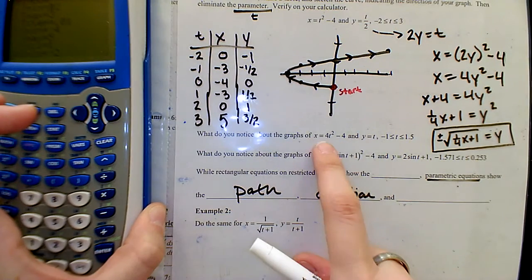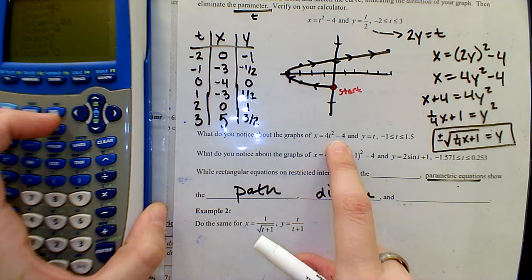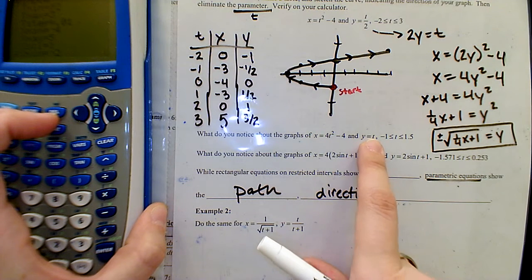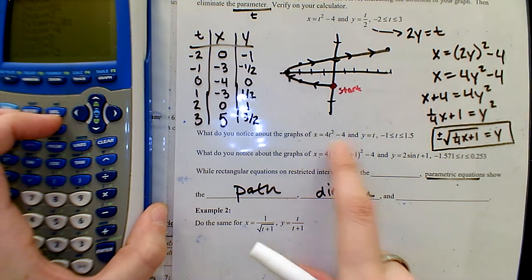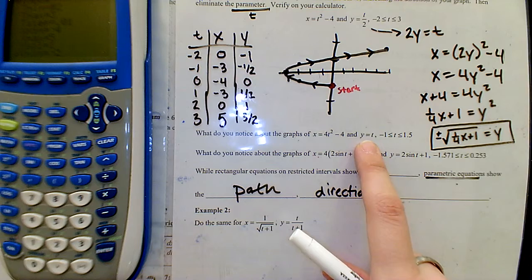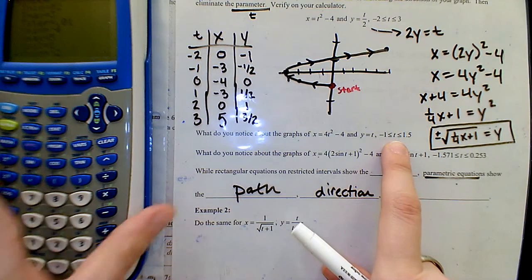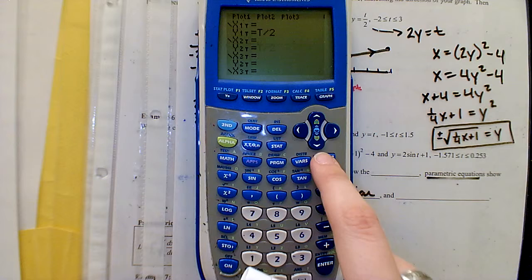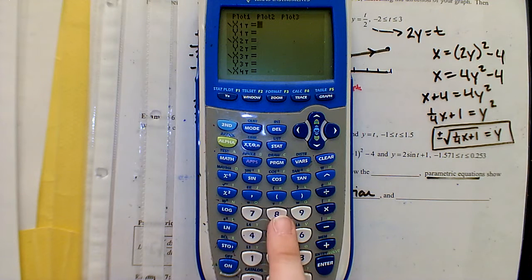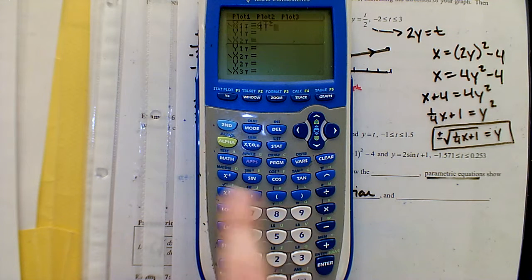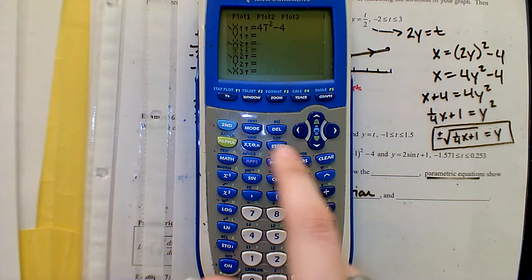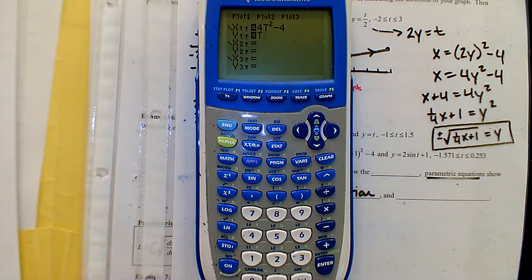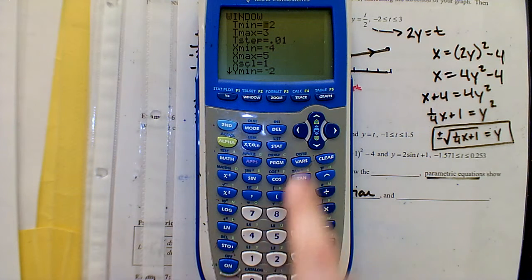Okay, so we're going to graph this function in X sub 1 and this function in Y sub 1. I'm used to saying Y1, Y2. And then we'll utilize this time interval. So we'll have 4t squared minus 4, and then t.